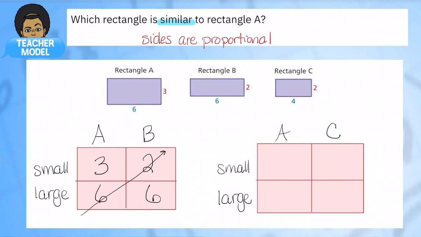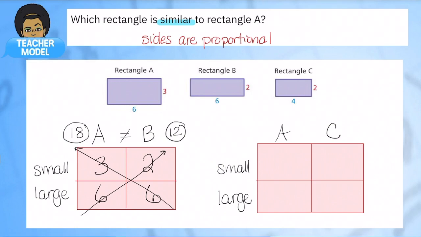So 6 times 2 is 12. 3 times 6 is 18. These two numbers are not equal to each other, so these would not be proportional. And this makes sense, right? Because as a fraction, 3/6 would not be equivalent to 2/6. So I know that this would not work.